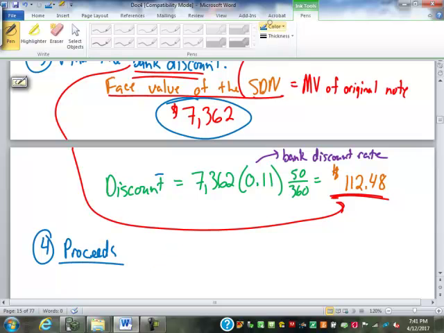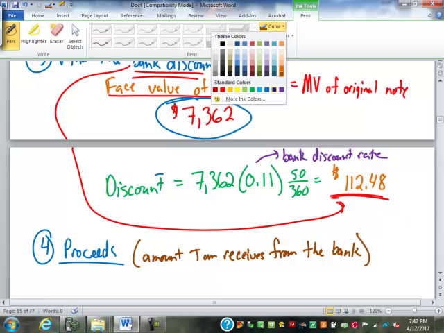So finally, the proceeds. This is actually the amount that Tom receives from the bank. At this point we've done most of the heavy lifting.